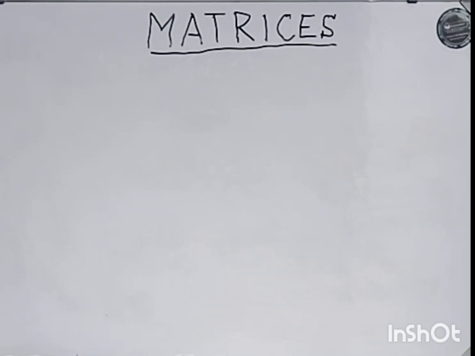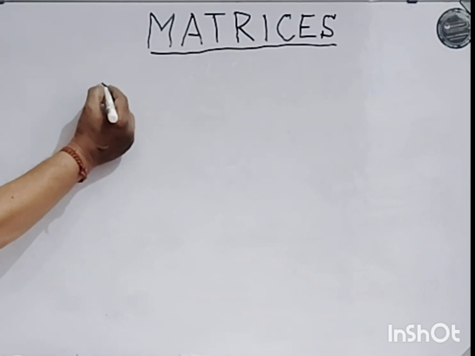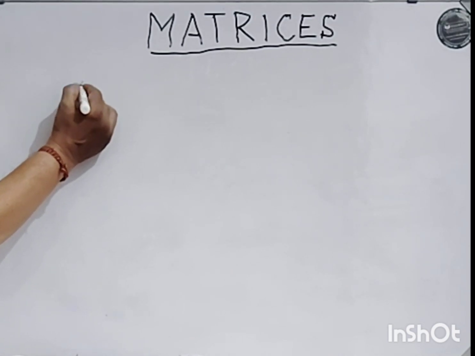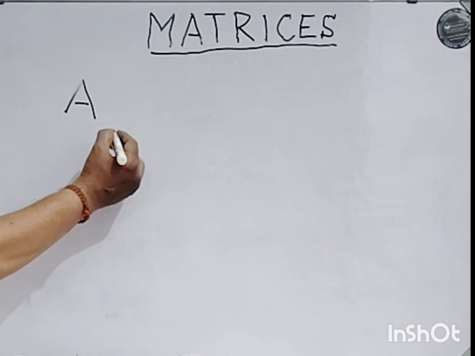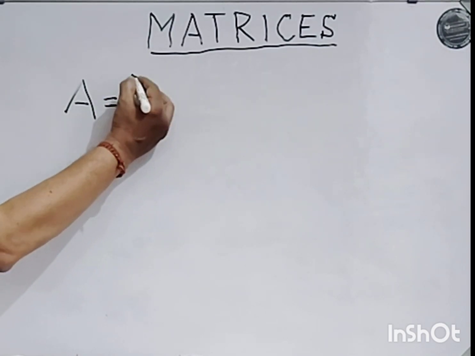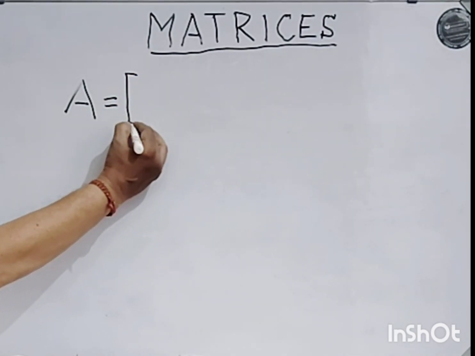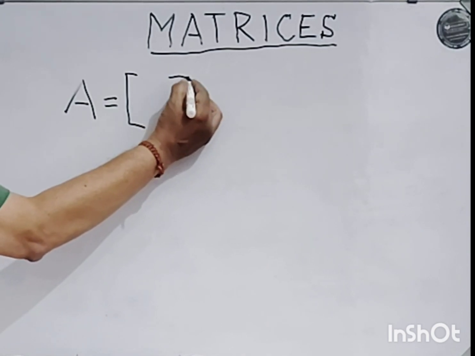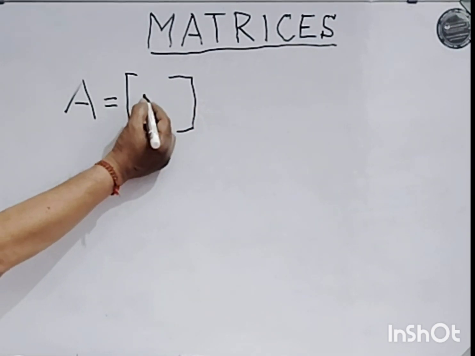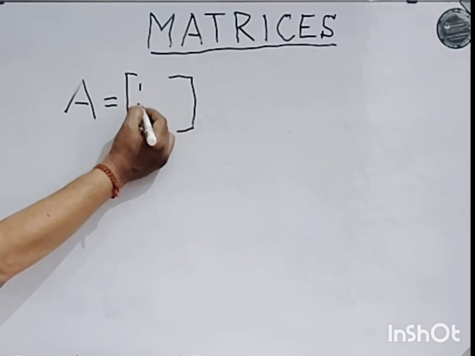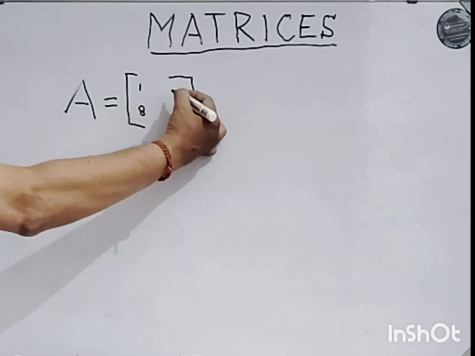So let us see how matrices are represented. Matrices are represented by a capital letter, suppose A, and it is defined in a square bracket. It is written with any numbers you take.